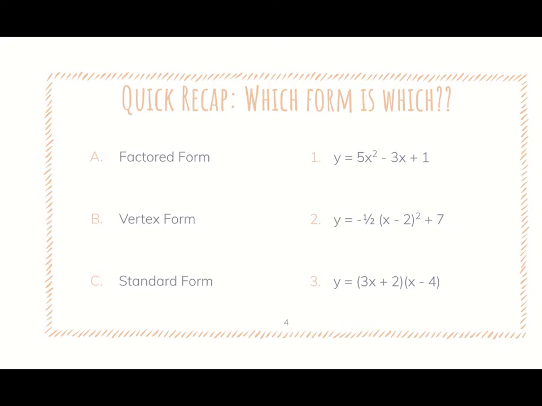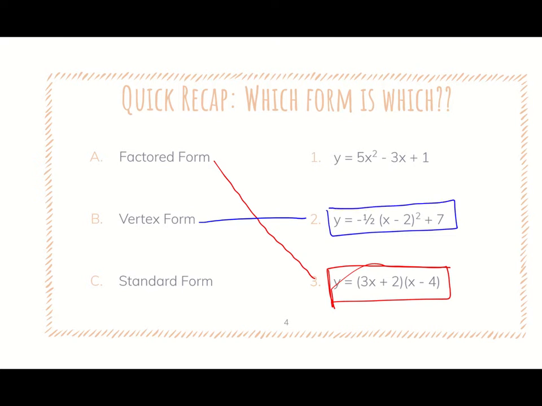All right, if we did this correctly, factored form has our factors, those sets of parentheses. So factored form goes with C. This is what factored form looks like, something along the lines of 3x plus 2, x minus 4. Vertex form, B, goes with 2 here. This is what our vertex form looks like, where we have something squared, and then we're adding or subtracting a value behind it.